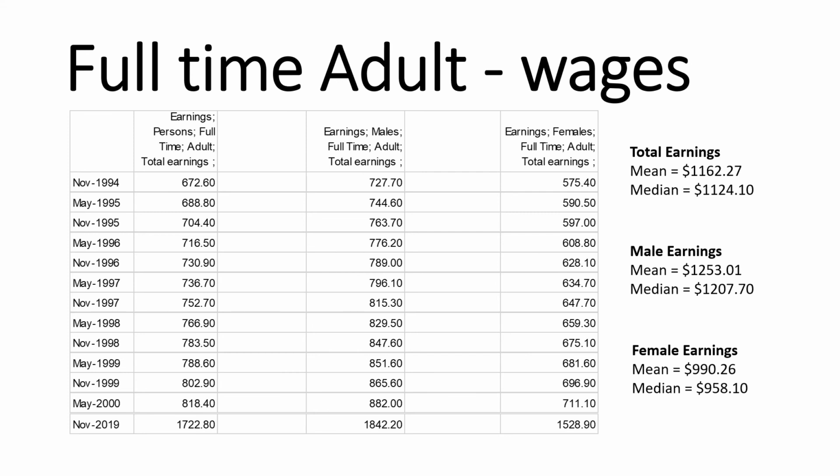If we selected a sample from all of this data that predominantly had females' wages in it, then our mean and median is a lot lower because females in general earn less money than males. But if I select a sample with males in it, then I will get a higher mean and median.